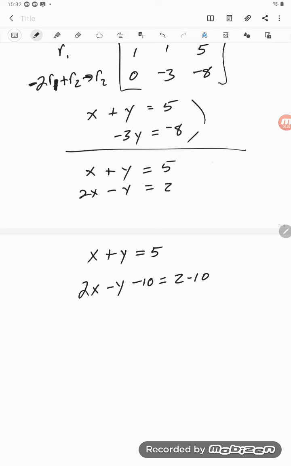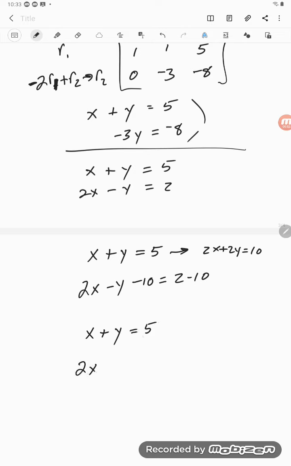Well, from this first equation, I know that 2x plus 2y is equal to 10. So I can just do a substitution, and I have x plus y equals 5, and 2x minus y minus 2x plus 2y equals 2 minus 10, which is negative 8.